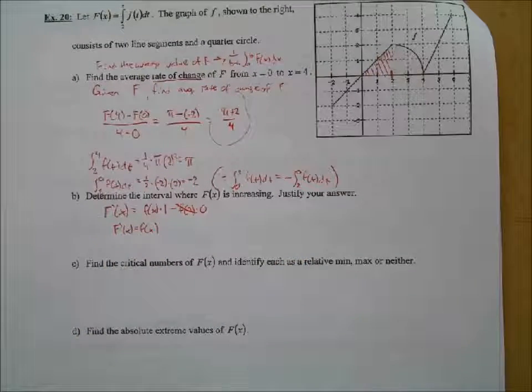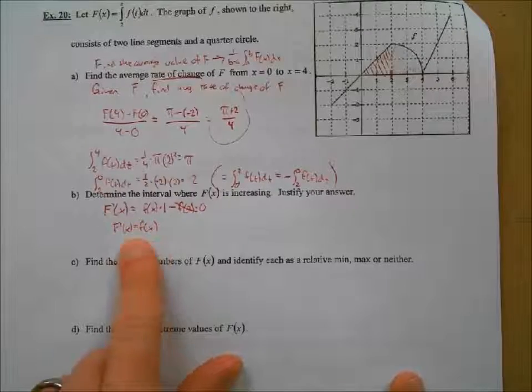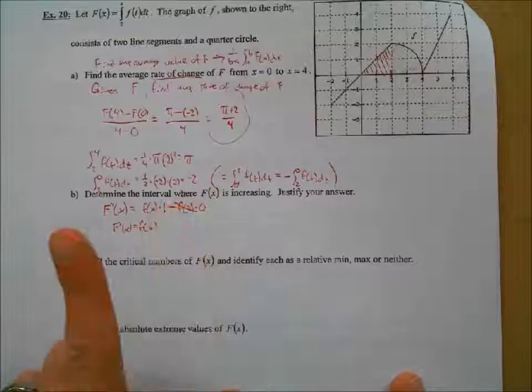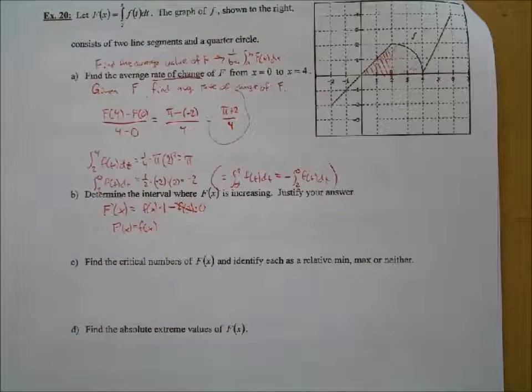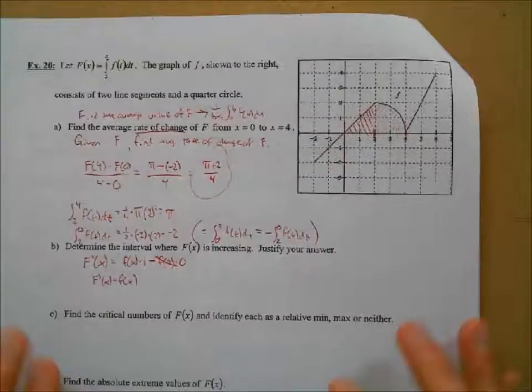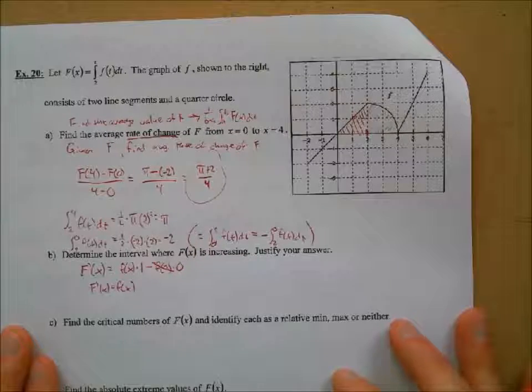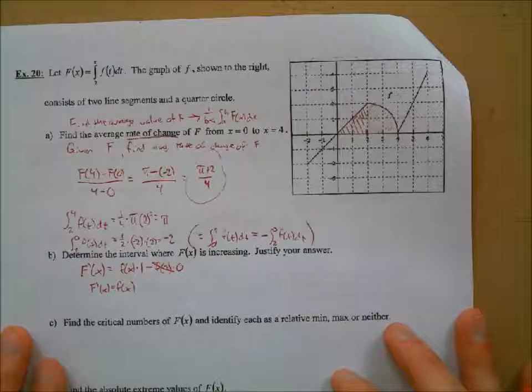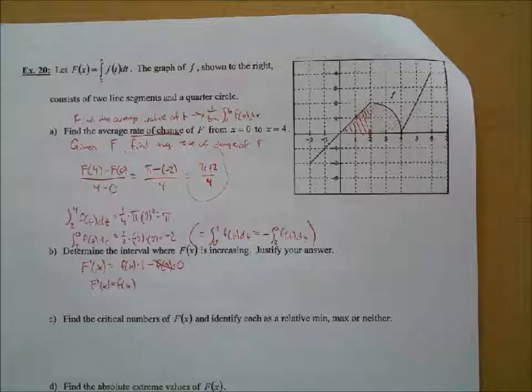Okay? So, when we want to determine when our function's increasing and we look at the first derivative, okay, what are we looking for in the first derivative to determine when our original function is increasing? When the first derivative is what? Greater than 0. Positive, right? Okay? So where is our function positive?